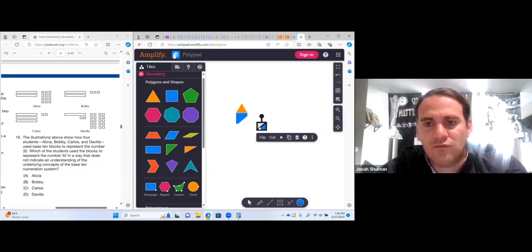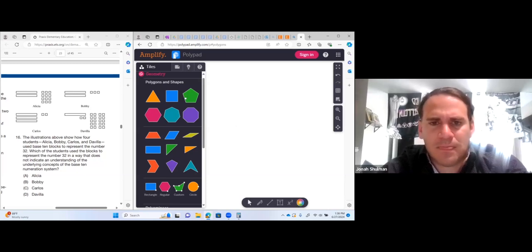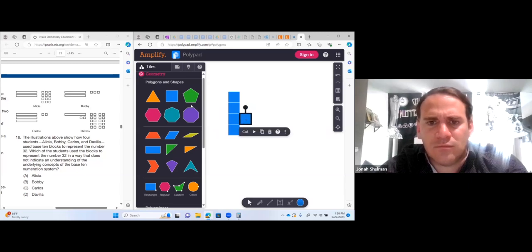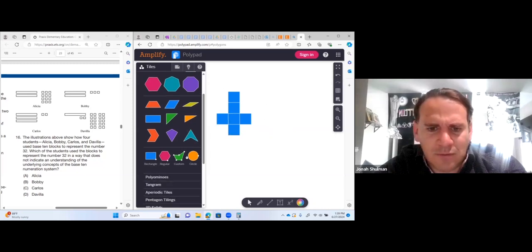Oh, and you can just cut off pieces, which is really pretty. I'm just gonna make a 3D shape. Let's see if I can make one. Let's just start with the cube. See if I can fold this. I need 6 of them to make the cube. All right, I know I can copy and paste.